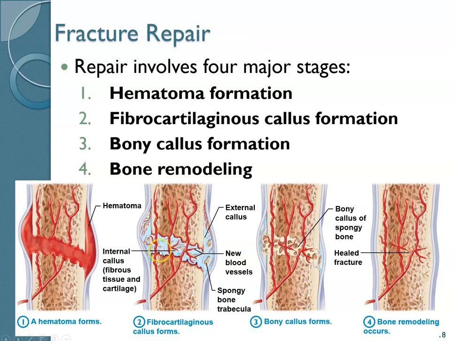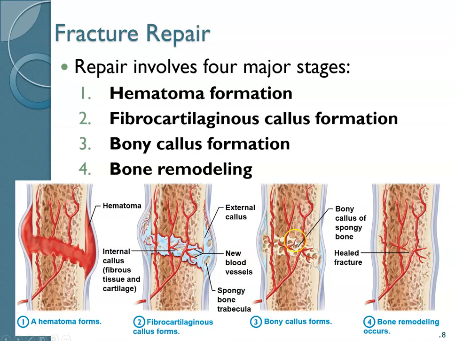So once we have these fibers and cartilage, we call it a fibrocartilaginous callus. Think of a callus, a little bump on your hands, if we did gardening or any sort of manual labor, or even used free weights. So it's a little bump which connects these two fractured parts together.